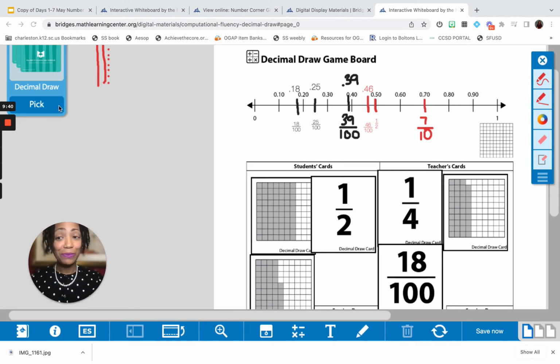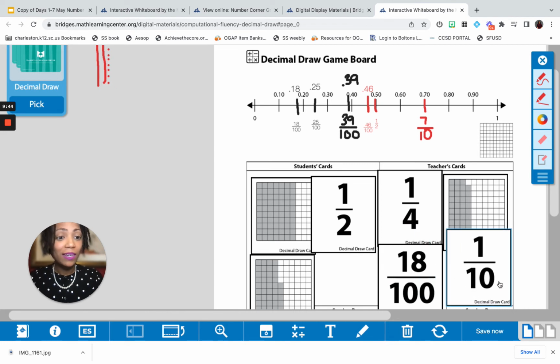Alright, I hope you've had an opportunity. Here's my 4th and final card. I can already tell you who's won this round just by looking at my numbers. I got 1/10. And I can look at this card here and I see what 1/10 looks like. 1/10 is already there because it is equivalent to 10 hundredths.